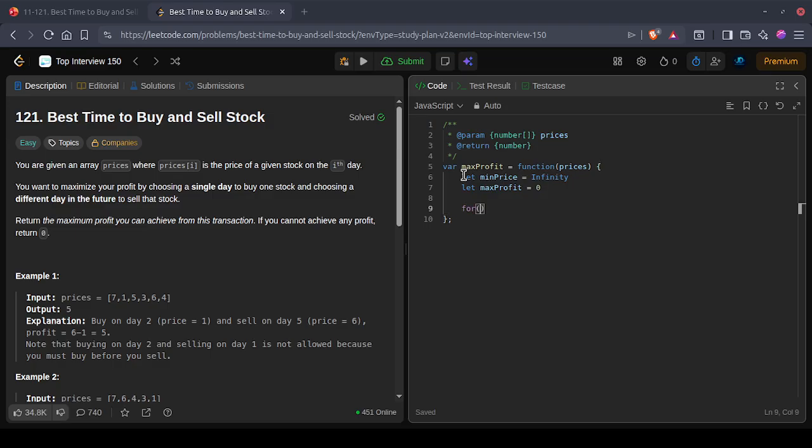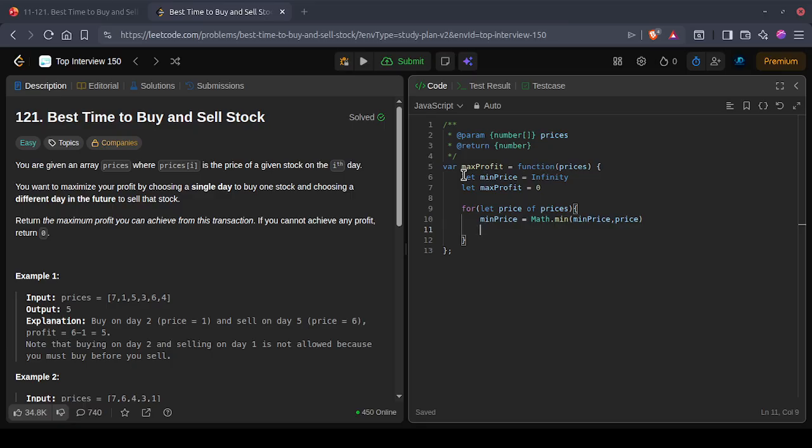Start a for loop, for let price of prices, and we go through each day and set minimum price as Math.min of the minimum price and the price, so we update the cheapest price seen so far every day.